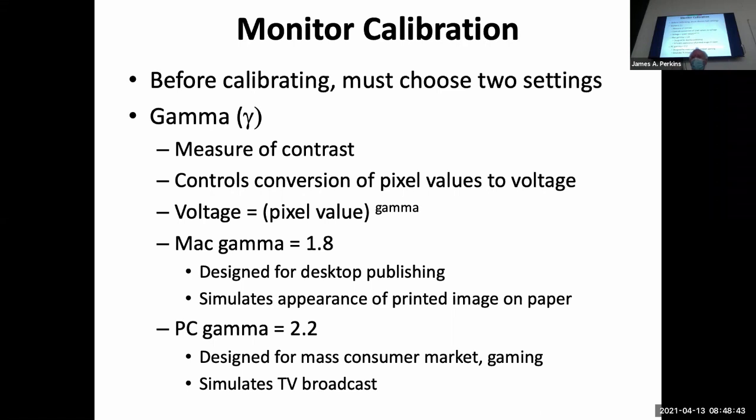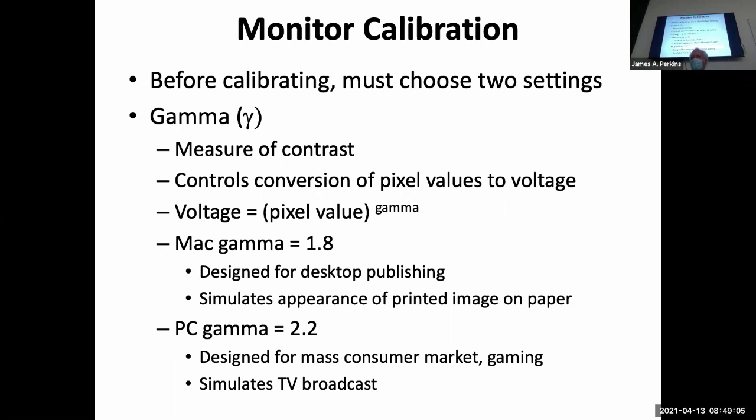And as you increase the gamma value, it means that the image on screen appears more contrasty, more variation between light and dark.